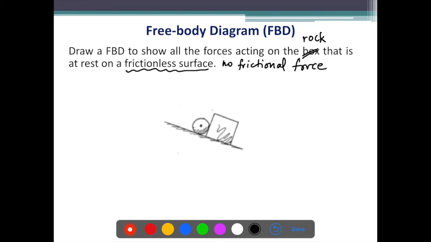Right, so the easiest one, any object that has mass will always experience a weight force, and the weight force is always directed downwards. So you have a weight force that's always directed downwards. What other force is the rock experiencing?